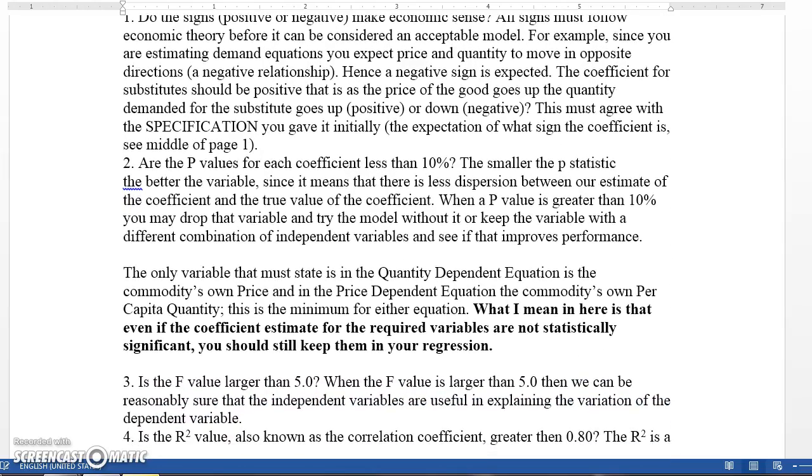Number 2, I want you to check the p-value of each of your coefficients. Like I mentioned, if the p-value of the coefficient is less than 10%, that means the estimated coefficient is going to be significant, and we are going to keep that coefficient in our finalized regression.